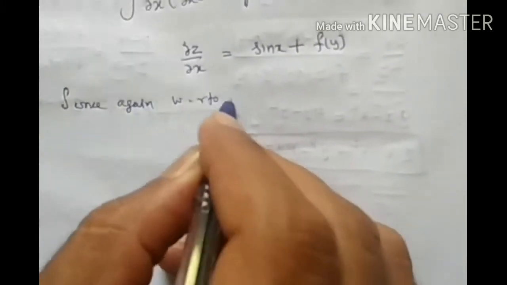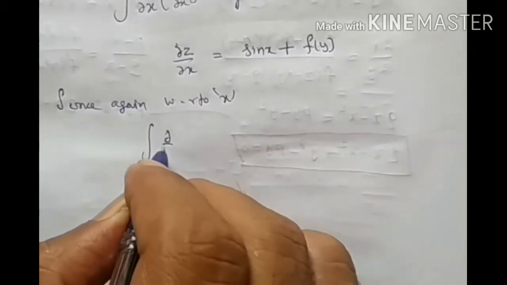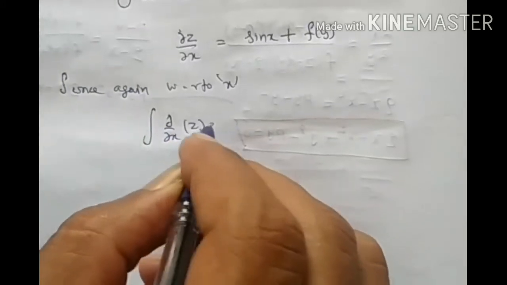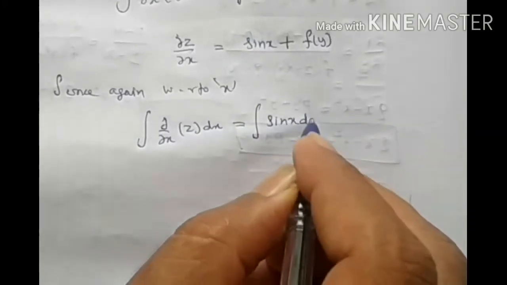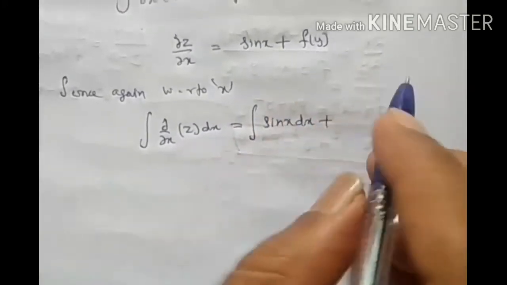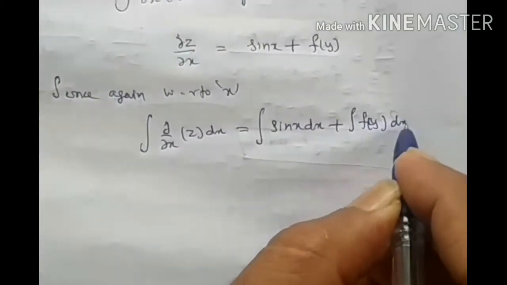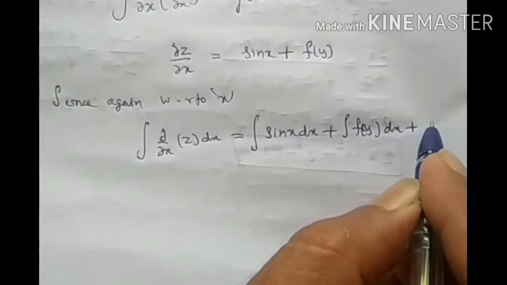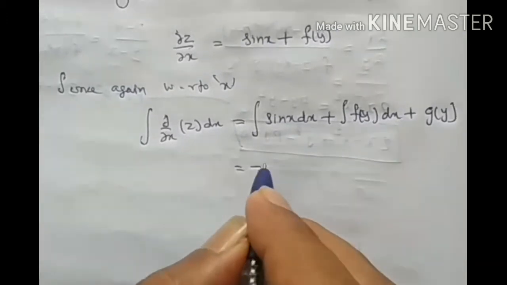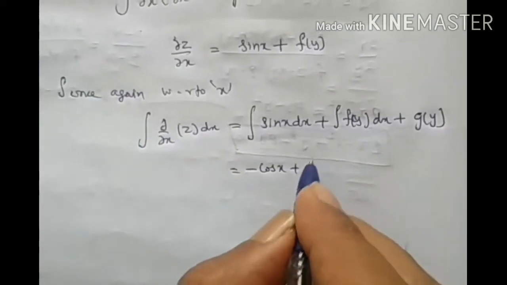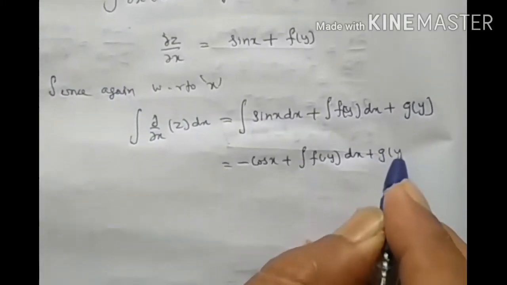with respect to x. So we get the integral of ∂/∂x of z dx equal to the integral of sin x dx plus the integral of f(y) with respect to x, plus a constant g(y). The integration of sin x is minus cos x, plus this one we write as it is, f(y) dx, plus g(y).